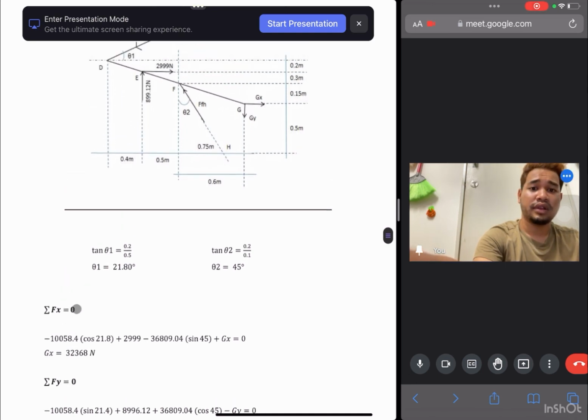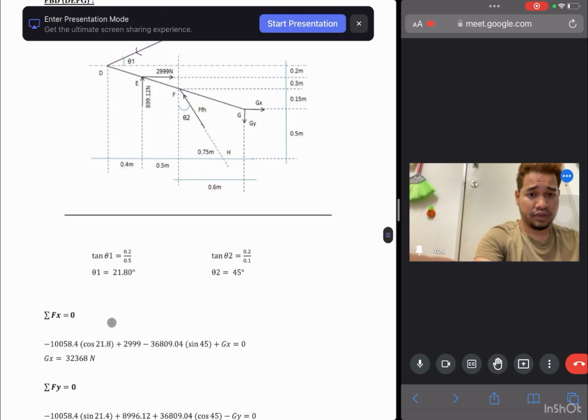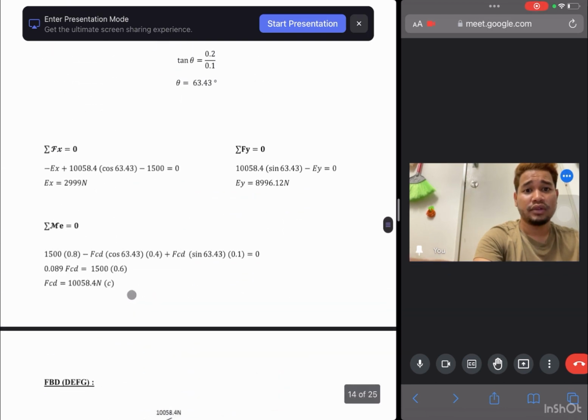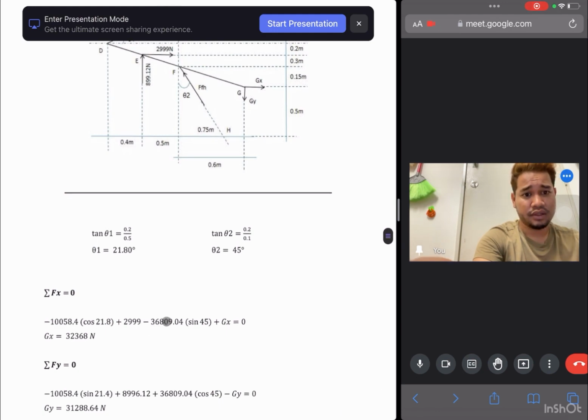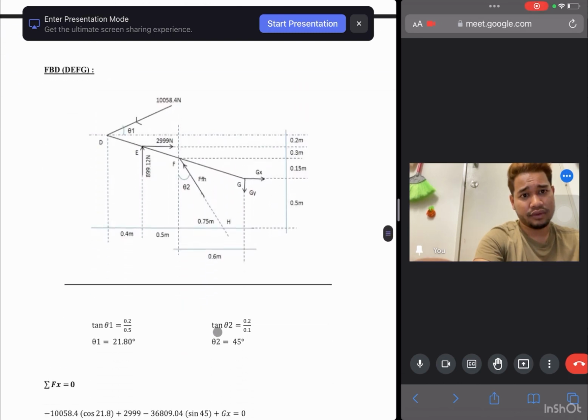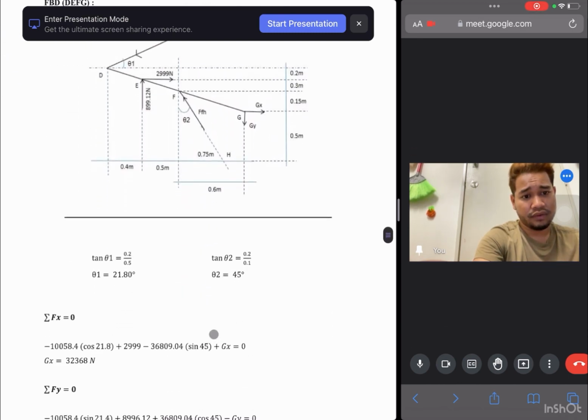So we got the negative 158.4 cos 21.8 plus 2,999 here, and minus 36,809.04 sine 45, times sine 45 plus GX equal to 0. So we got the GX is 32,368 Newton.